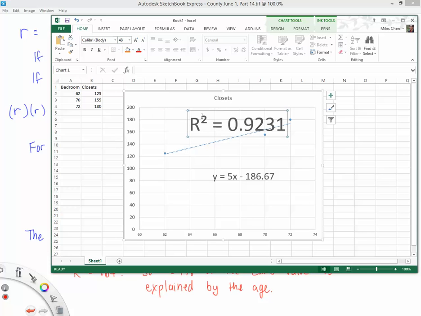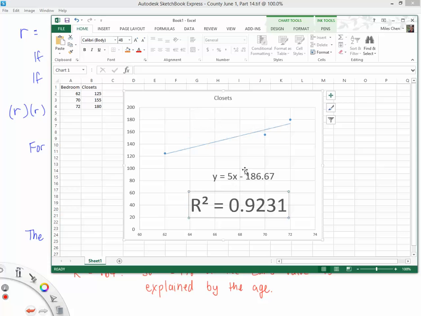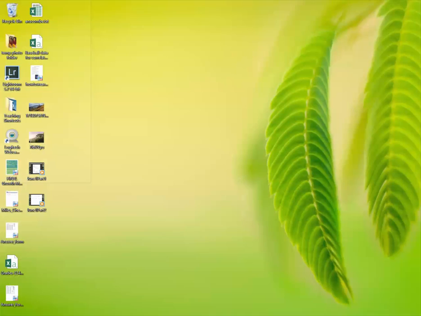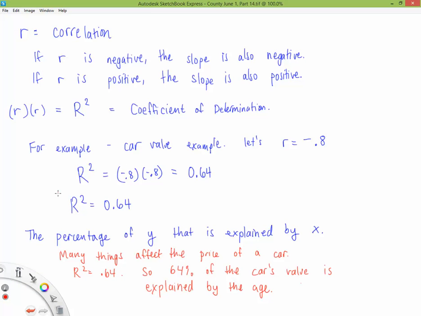In this case it says 92%, and this is a terrible example, but 92% of whatever can be explained by the different things. So if we were doing houses and closets, we can say 92% of the number of closets in a house can be explained by how many bedrooms are in the house. So that's what r squared is.